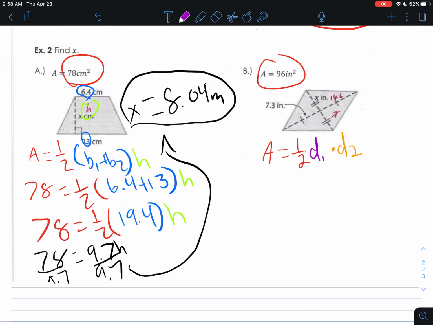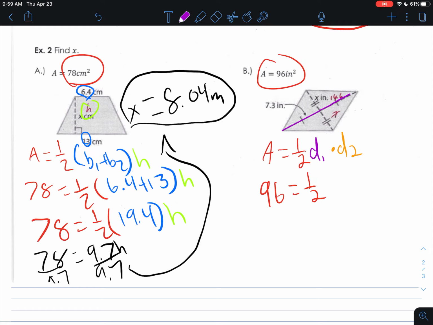So diagonal 1 we will say is, let's see. Well, we can first start off with using the area, which is 96, equals 1/2.